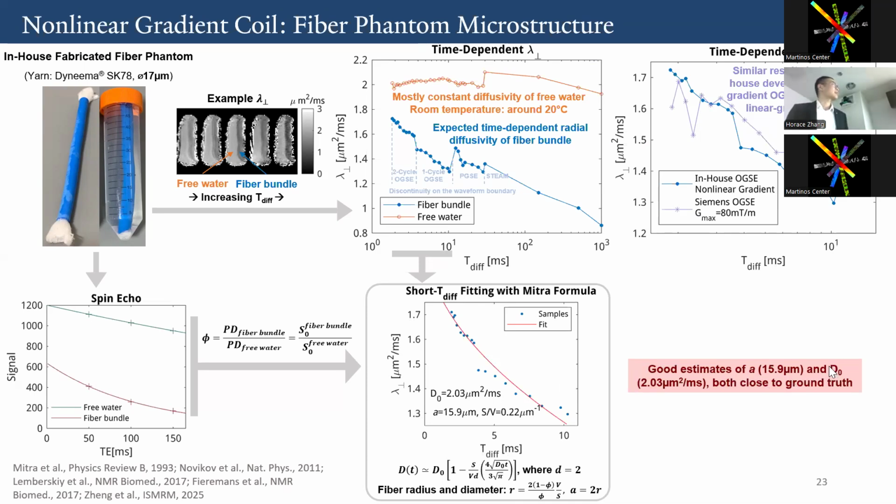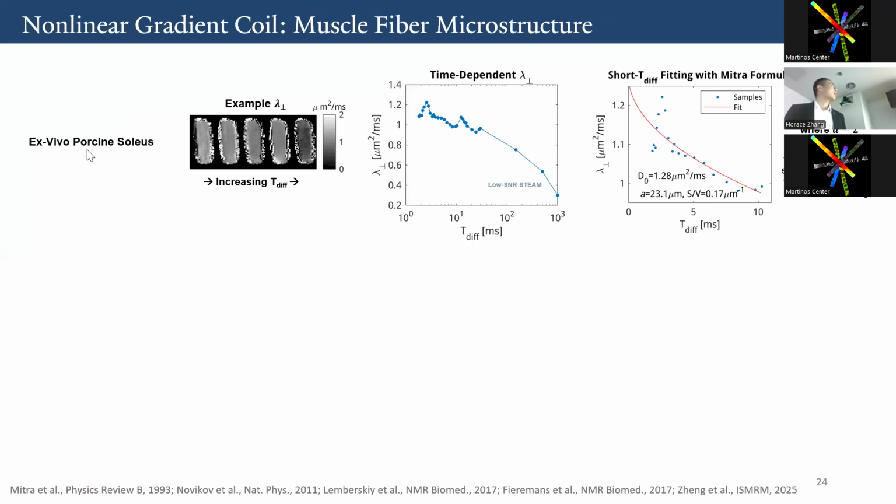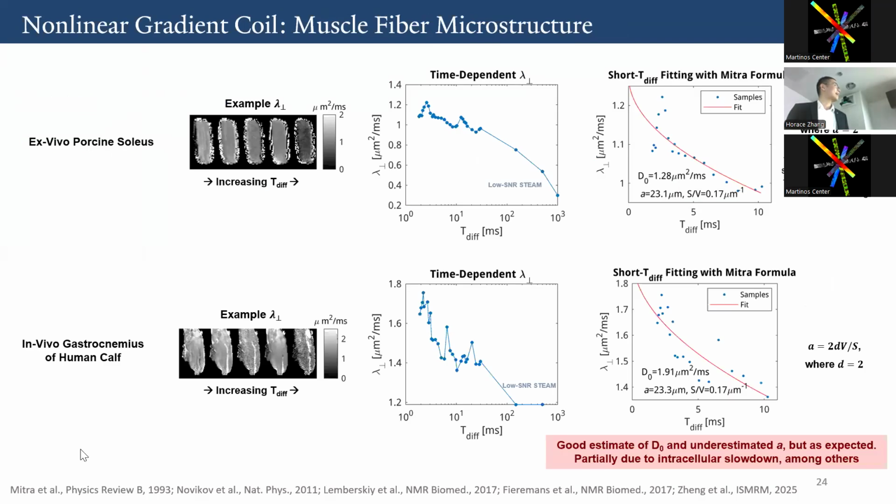Next, we tested the same protocol on ex vivo porcine soleus and in vivo gastrocnemius of the human calf. Again, they show expected time dependency, and the estimates of free diffusivity are pretty much as expected, in accordance with the room temperature or the human body temperature.